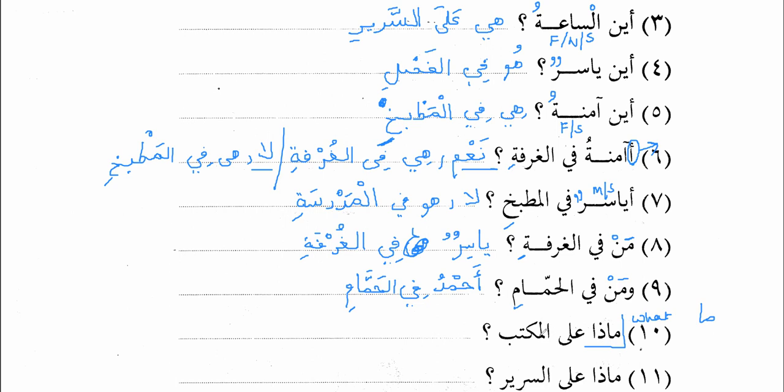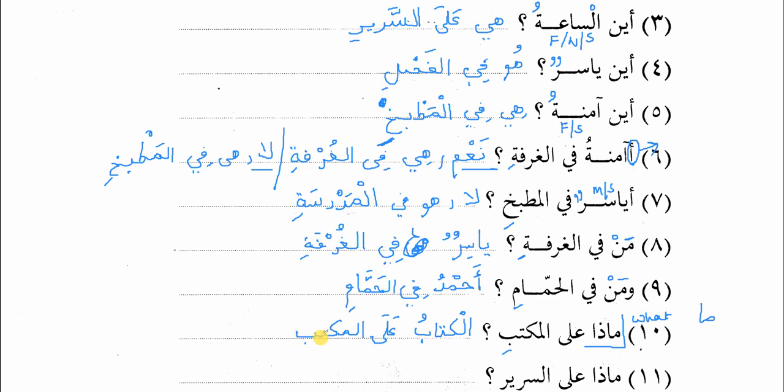Maza al maktabi. What is on the table? You can say al kitab. Now, since there is nothing before al kitab, what haraka will you put? Only a single dhamma, because of the lam tarif. Al kitabu al maktabi.